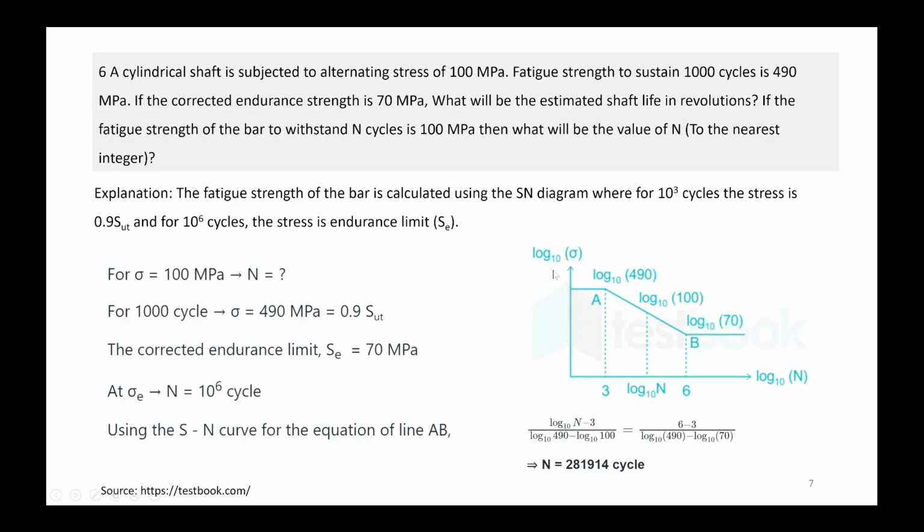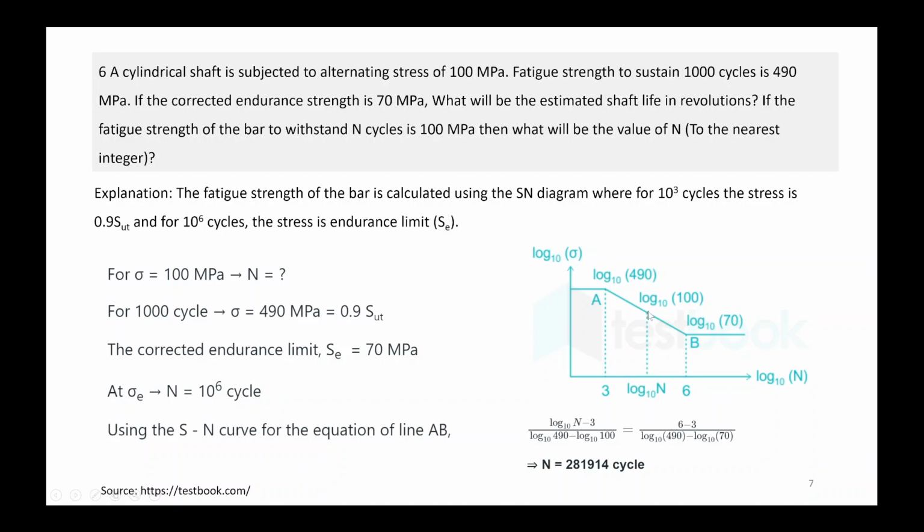Okay, so you can consider this a linear graph for log stress and log number of cycles. Here we know that for 1000 cycles the stress is 490, so log 490 corresponds to log 1000, which is 3.